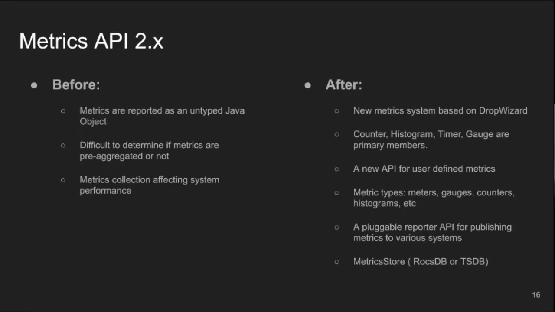Metrics API. Since the metrics API was first written in 2013, much more improvement was needed, because everything was turned into an object and you would lose the data types, and everything becomes a number essentially when it goes into the metrics reporting system.